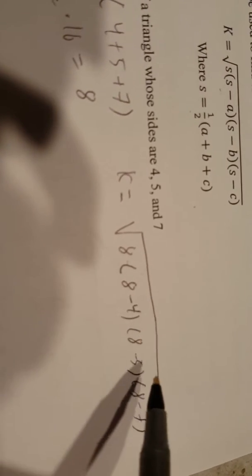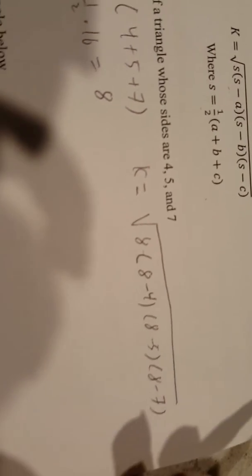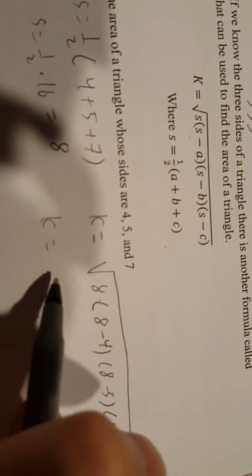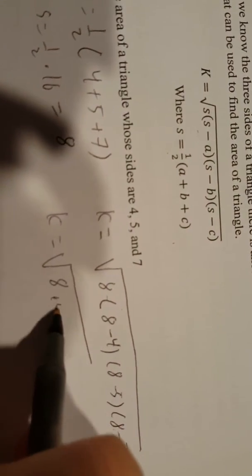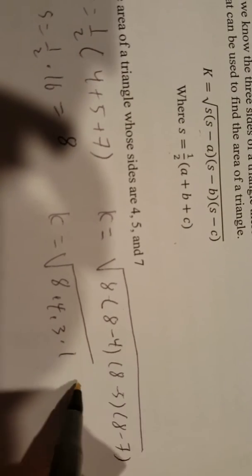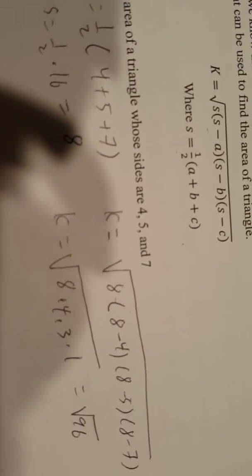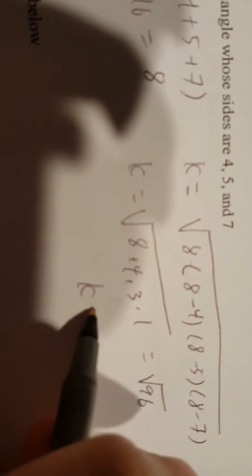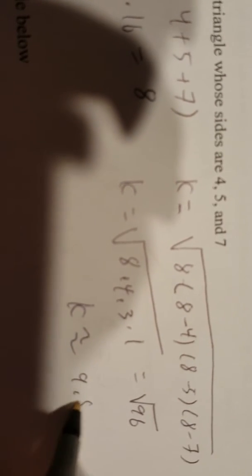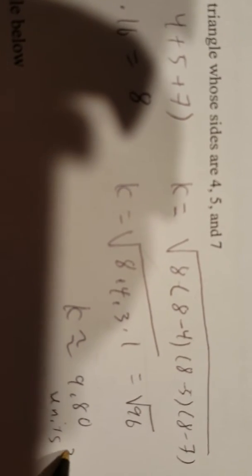So I just do s, s minus a, s minus b, s minus c. So I get k is equal to the square root of 8 times 4 times 3 times 1, which is the square root of 96. Doesn't matter, you could give me the exact answer or the approximation. So k is about 9.80 units squared.